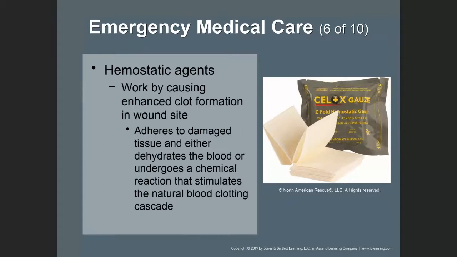They adhere to damaged tissues and either dehydrate the blood or undergo a chemical reaction that stimulates the natural blood clotting cascades. They're still experimenting with the best type of hemostatic agents, and they are also doing research on tranexamic acid.